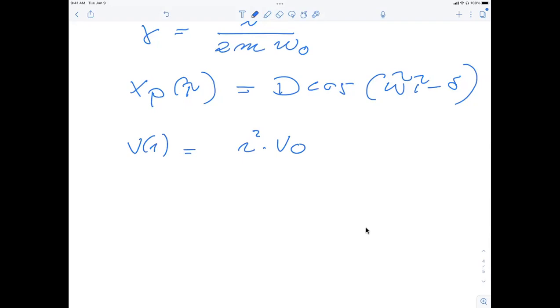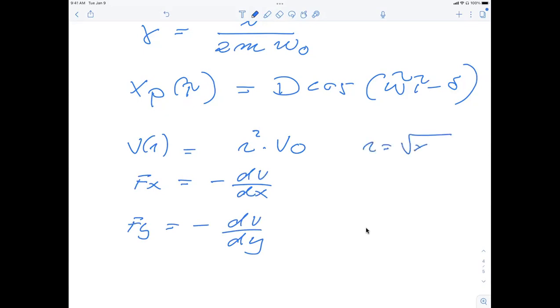So when you want the force in the x direction, you need to take minus dv dx, and the same in the y direction, minus dv dy. And then you need to remember that r squared is equal to x squared plus y squared.